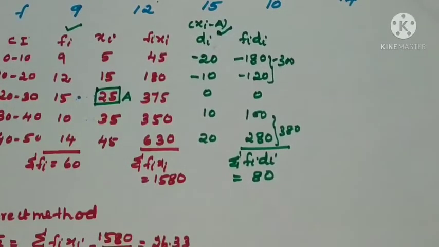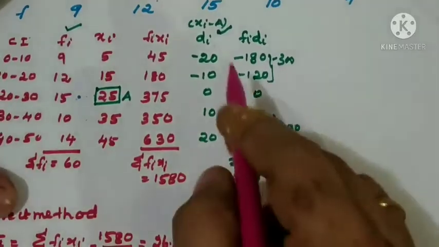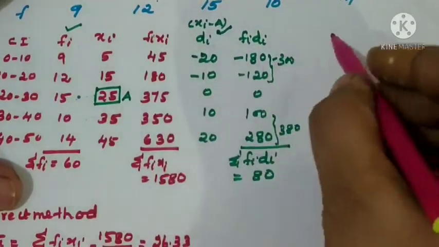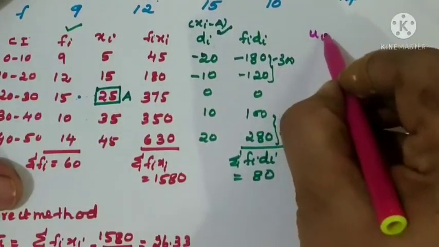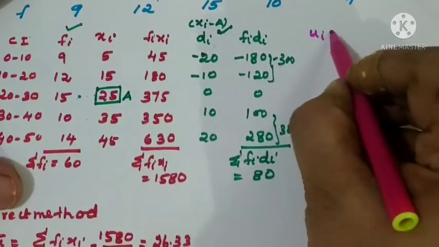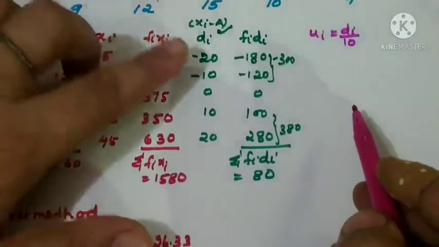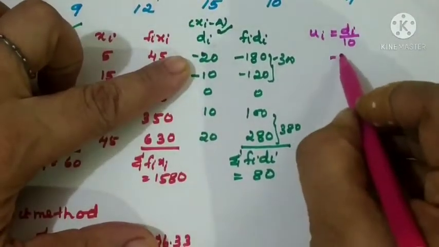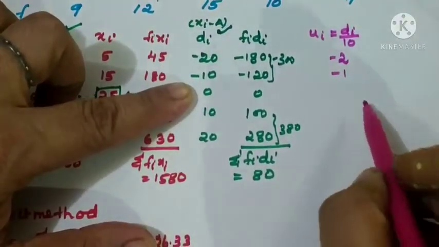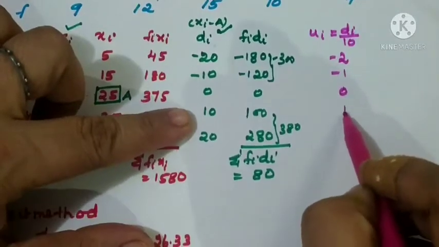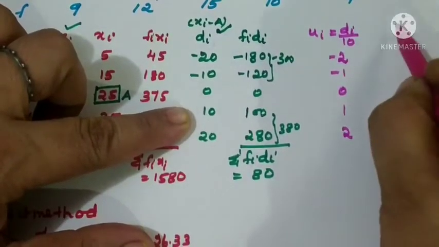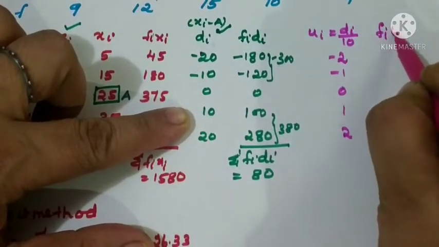Now the third method, the step deviation method. Ui is required. We have already calculated di. So I'll write ui equal to di by the class width, that is 10 only. Minus 20 by 10 is minus 2, minus 1, 0, 1, 2. Next, the last column is fi ui.